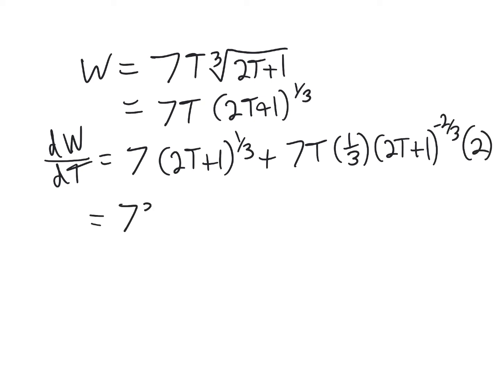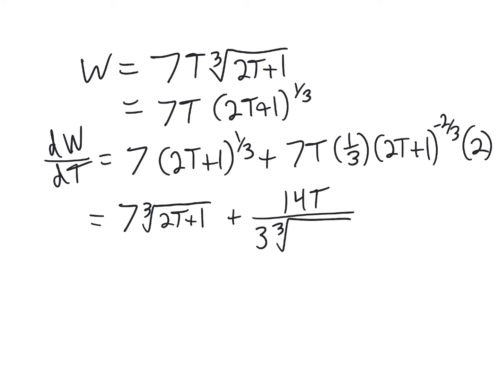Simplify. We end up with 14t over 3 times the cube root of 2t plus 1 squared.